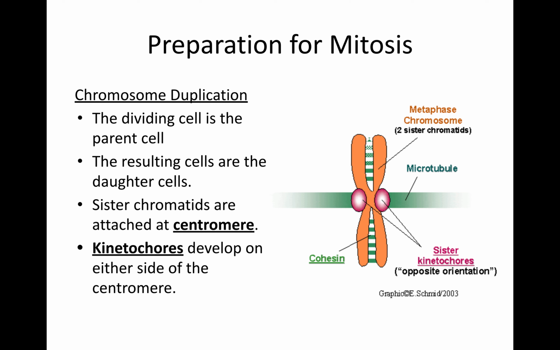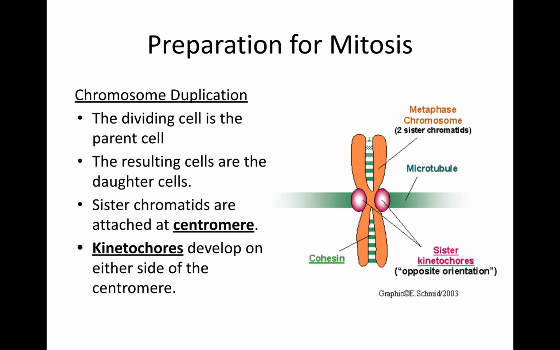If you look over there on the diagram, I know it looks like an X, but the chromosomes don't actually cross. They just touch in the middle at the centromere. So you can see that each side of that orange X, each side is a chromatid. Those are sister chromatids right there.